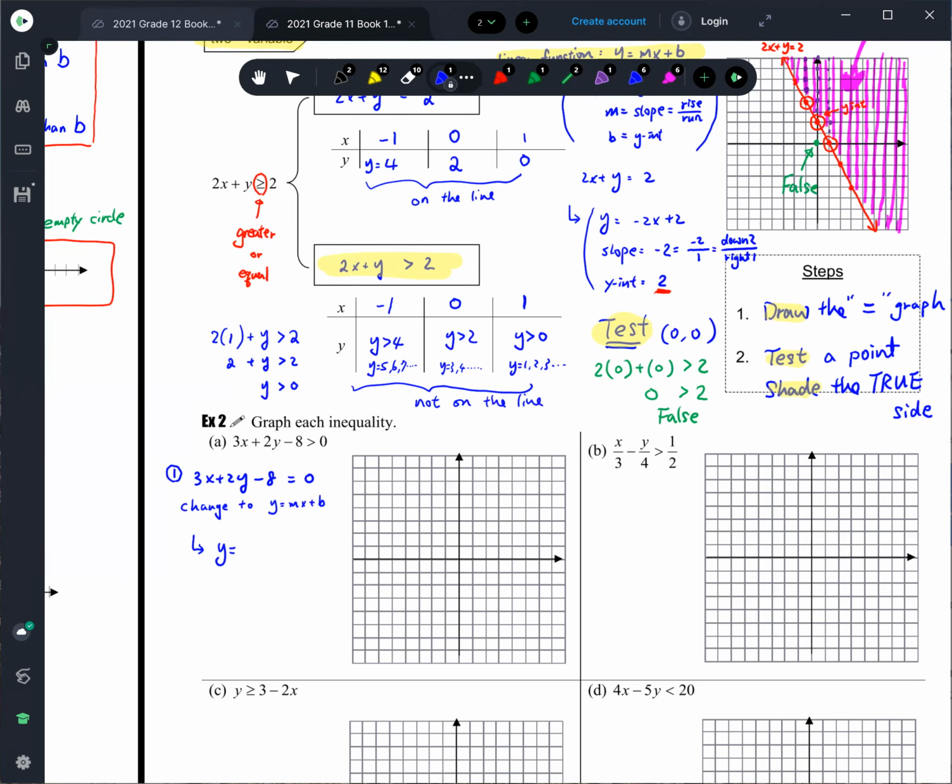Isabella, what's your slope-intercept form? I wrote 2y equals negative 3x plus 8. But you still need to isolate y, so you need to divide by 2. So what do you get?